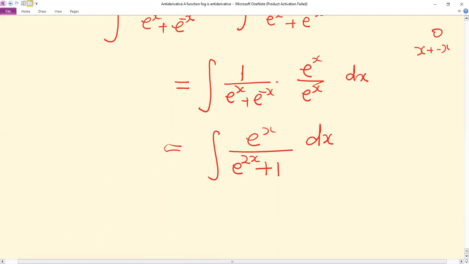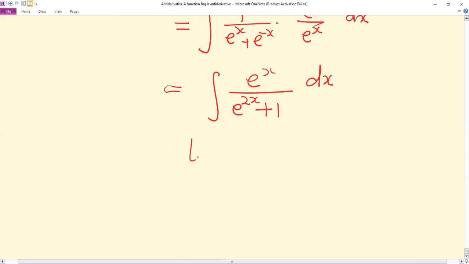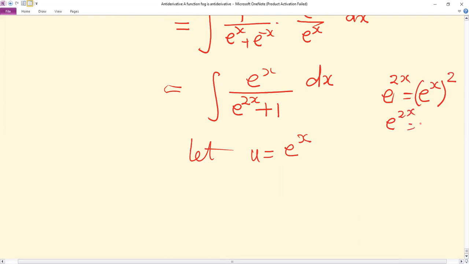Now let u be e raised power x. Don't forget that when you write e raised power 2x, it's the same thing as writing e raised power x raised power 2. So when you say e raised power 2x, it's the same as u squared, because we said let u be e raised power x.